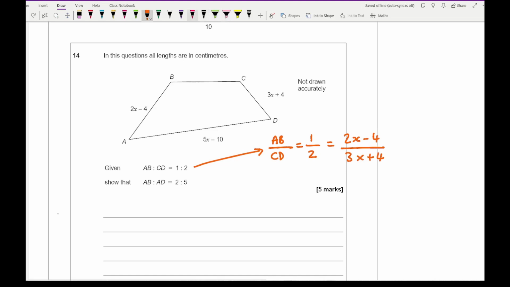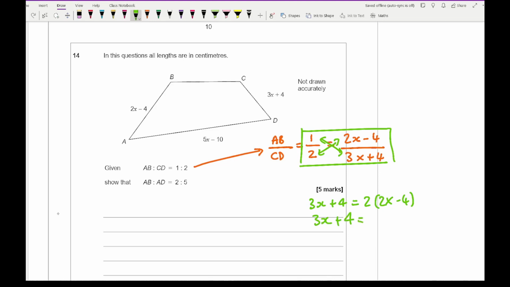Now if I take these two and I cross multiply, then what I end up with is 3x plus 4 equals 2 lots of 2x minus 4. Expanding the brackets out, I'm going to get 12 equals x.